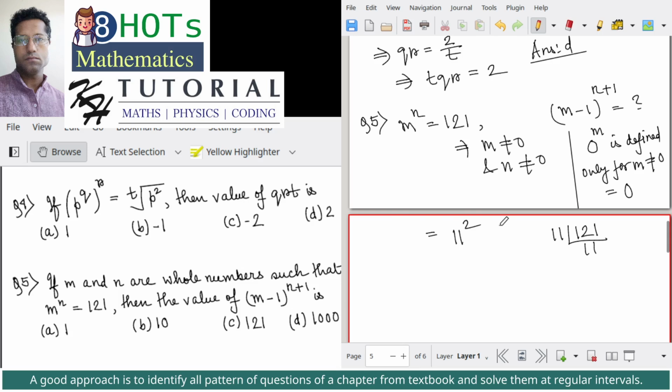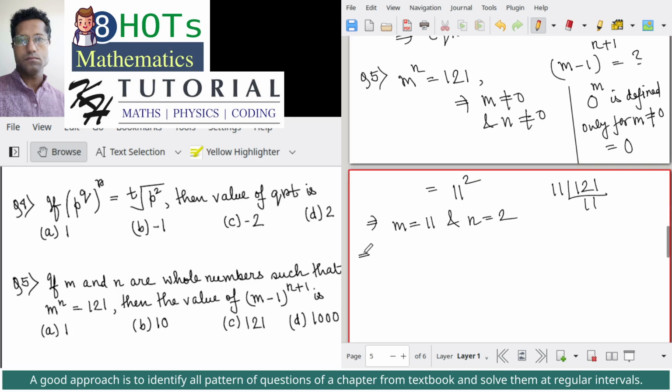There is no other exponential form that can be used to express 121 in the form m to the power n, where m and n are natural numbers. So this clearly implies that m is equal to 11 and n is equal to 2.